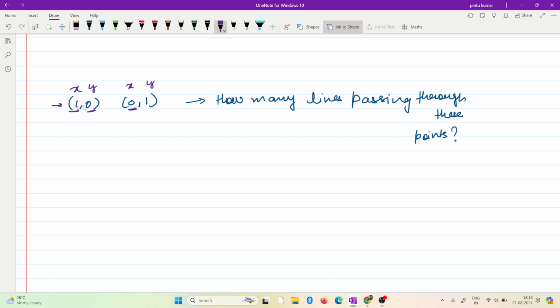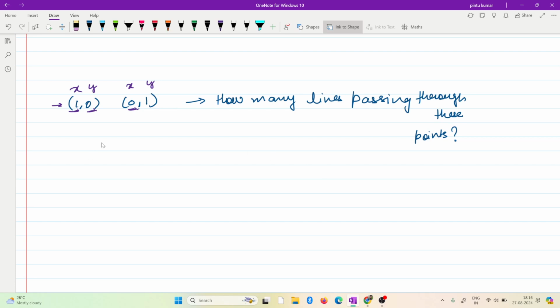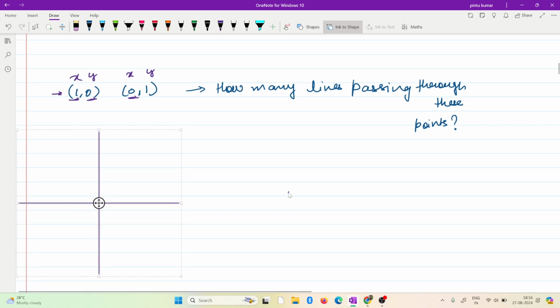We are given two data points. The first is 1 comma 0, the second is 0 comma 1. So let's plot these points. The first point is 1 comma 0. Let's say this is this point, then this is this point, and you will have a straight line connecting these 2 points.